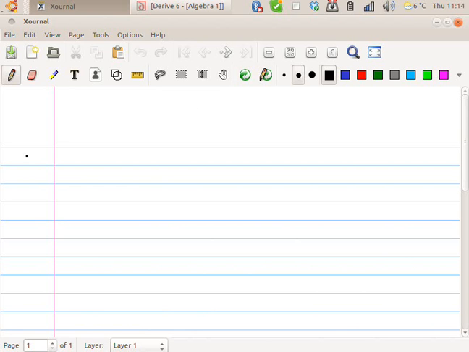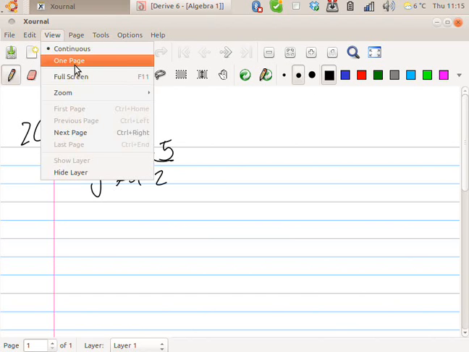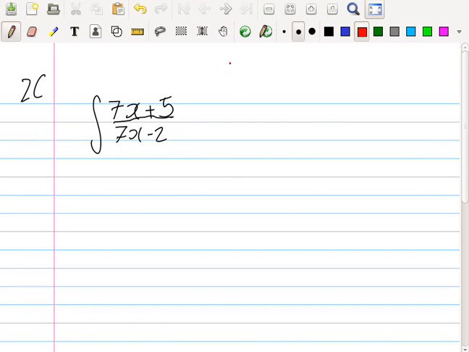Okay, so 2C, integrate 7x plus 5 over 7x minus 2. Okay, so full screen that. u equals 7x minus 2. du dx equals 7.